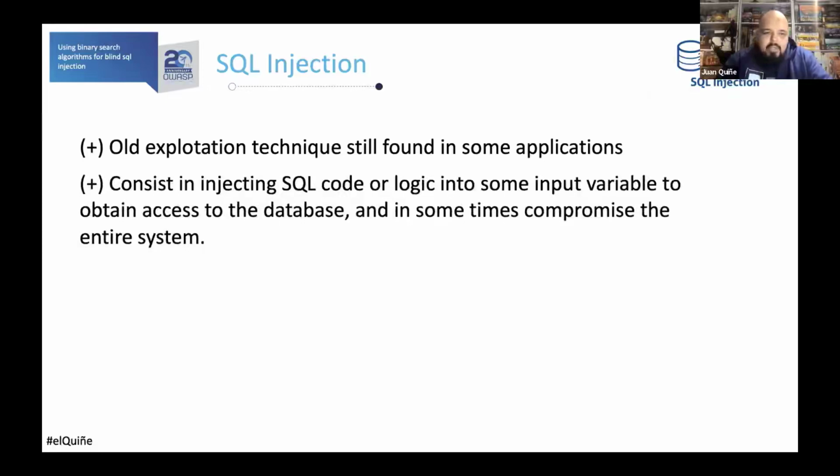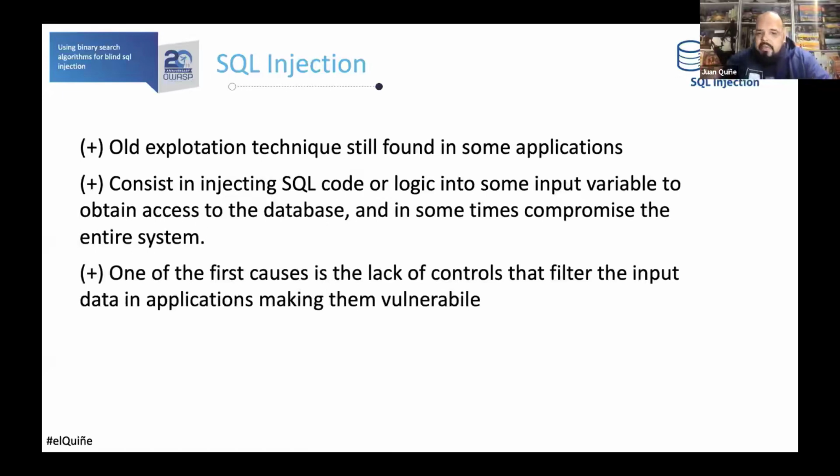And as you can see, it consists of injecting SQL code in this case, or some logic, into some input variable to obtain access to the database, and sometimes compromise the entire system, not only get some information. And one of the first causes is the lack of controls that filter the input. If you put in some data and that data is not filtered, probably you could inject some commands or some data that could affect the query you are making in the process.